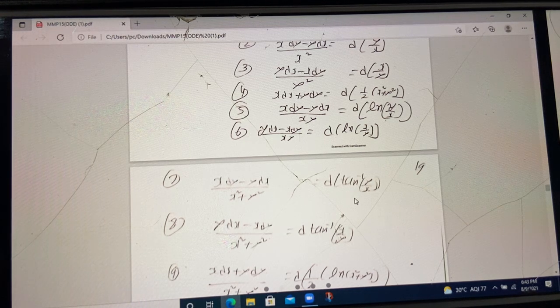Here is how to remember: x dy minus y dx by x² means d of (y/x); by xy means d of ln(y/x); and (x dy minus y dx)/(x² plus y²) is d of tan inverse (y/x). This is also y by x but log, and this is also y by x but tan inverse.